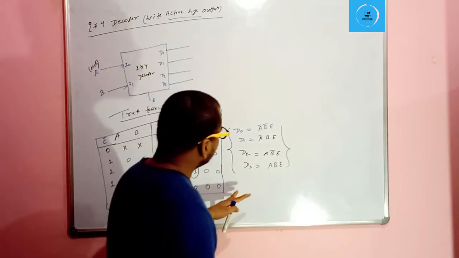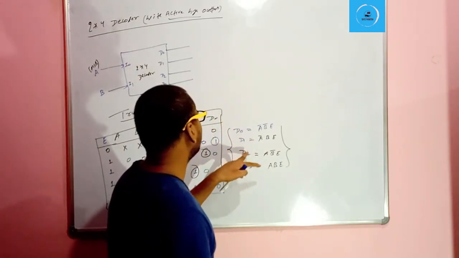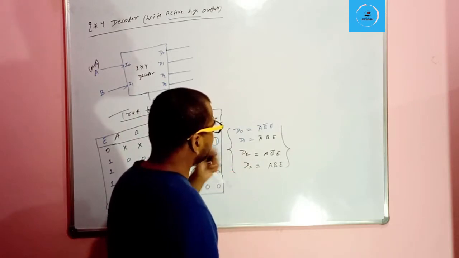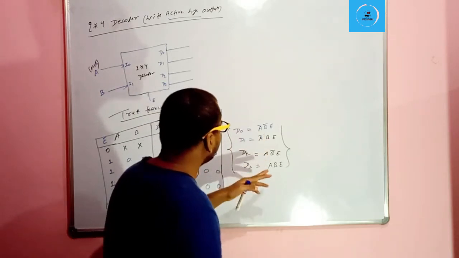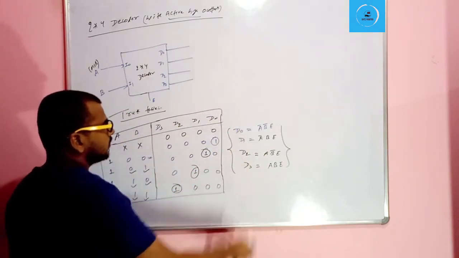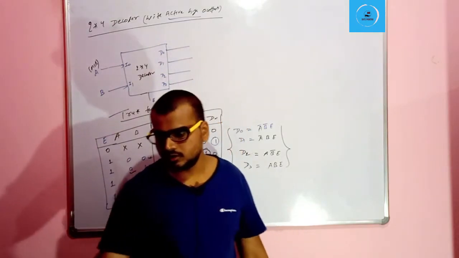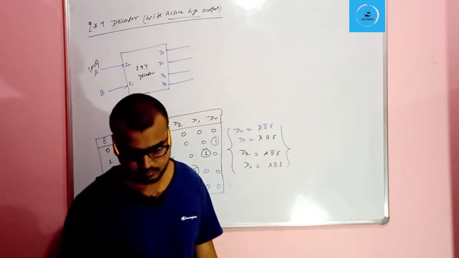By using logic gates, we give the signals A, B and E, and we get D0, D1, D2 and D3.